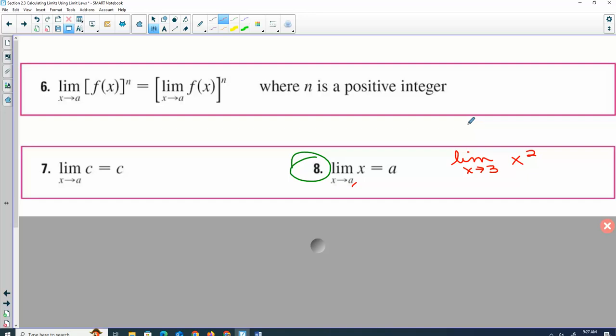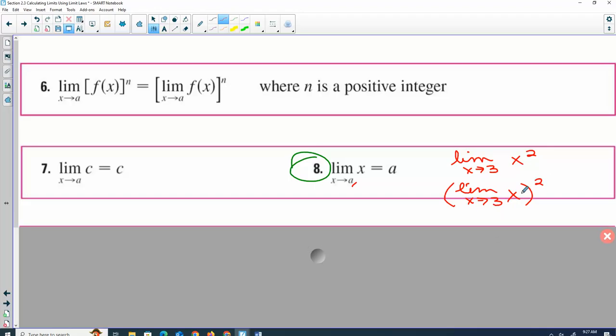Okay, my limit laws say I could do the limit of the inside and then square that answer, right? What's the limit as x approaches 3 of x? 3. So this is 3 squared, which is 9. And I just saved myself from creating 2 tables to try to calculate that limit.